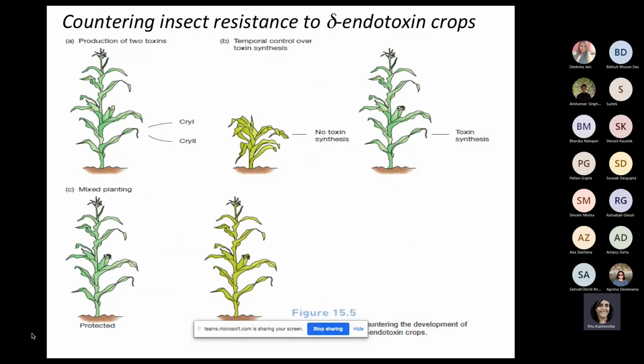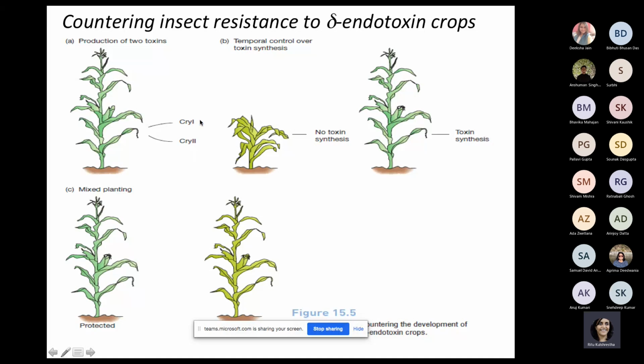Then I had also told you the various strategies by which you can at least avoid the development of resistance in the insects. One option is you can grow two toxins together. Means you can make transgenics which are overexpressing two or three different types of toxins, so that if the insect becomes resistant to one toxin, at least it is sensitive to the other one.